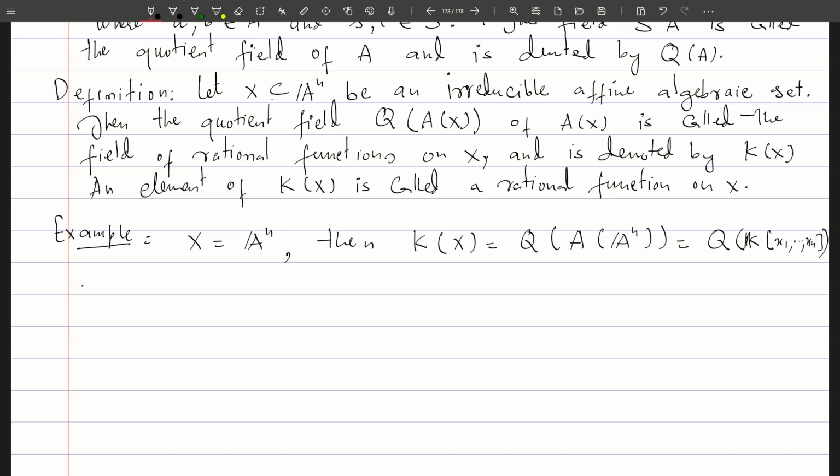Now the quotient field of the polynomial ring is the field of rational functions, which is given as K(x1, ..., xn). So here we have these round brackets.